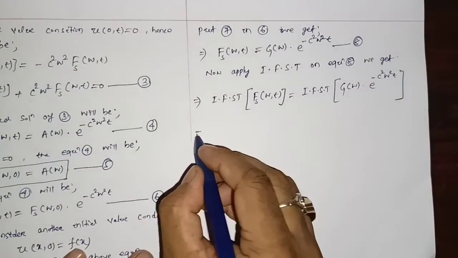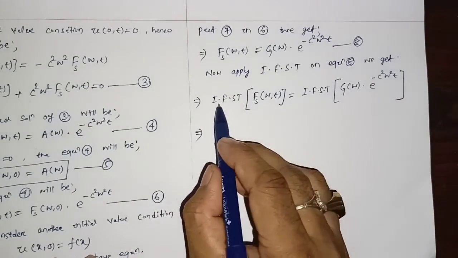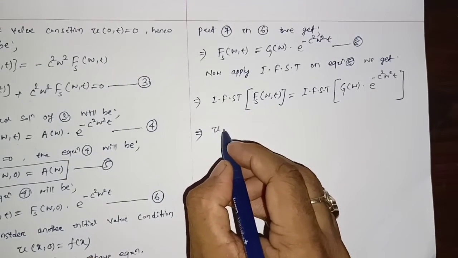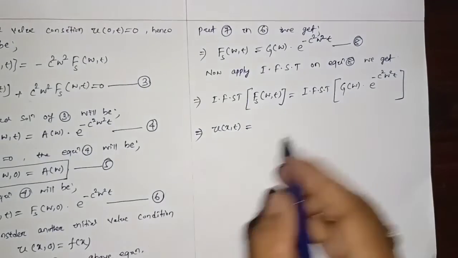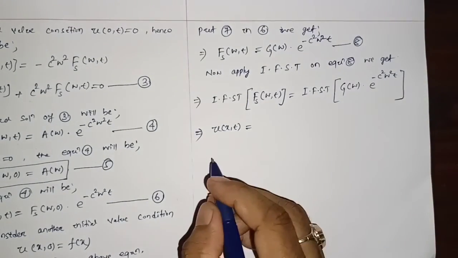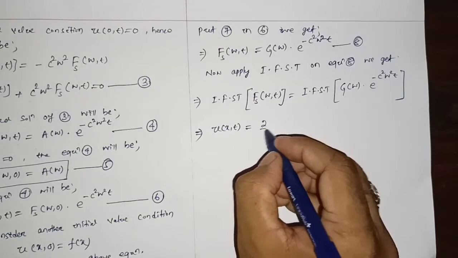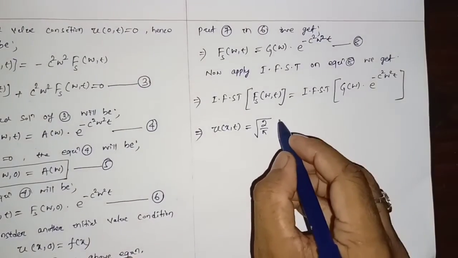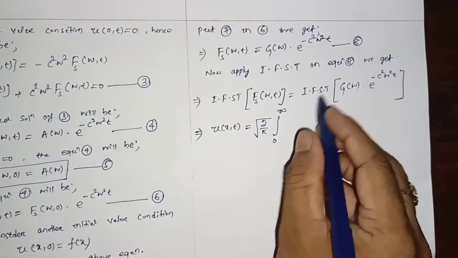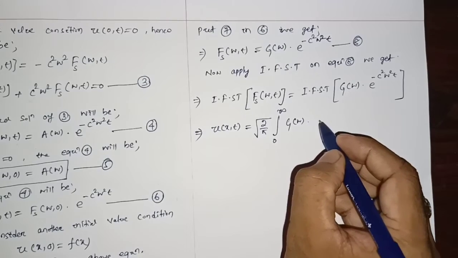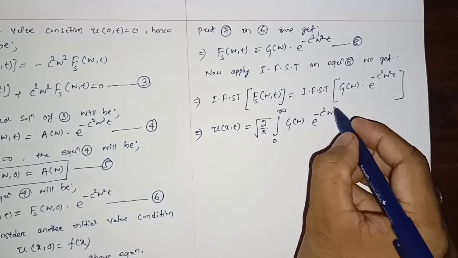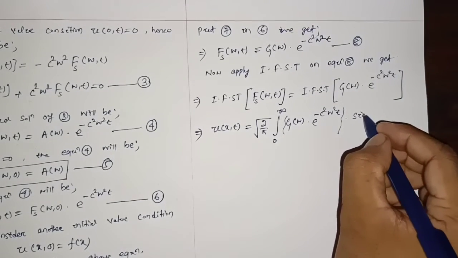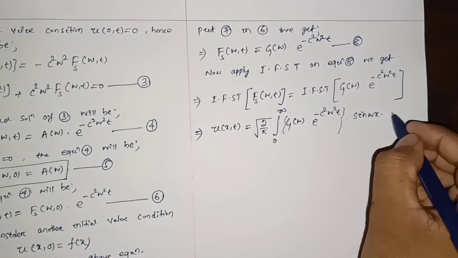The inverse of the left side is nothing but small u(x,t), and the inverse Fourier transform of the right side will be written as root over 2 by pi, integral from 0 to infinity, G(omega) into e to the minus c square omega square t into sine omega x into d omega.